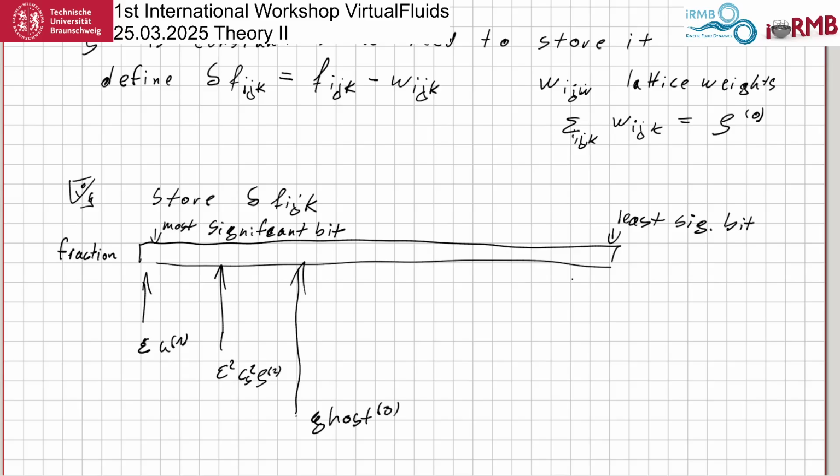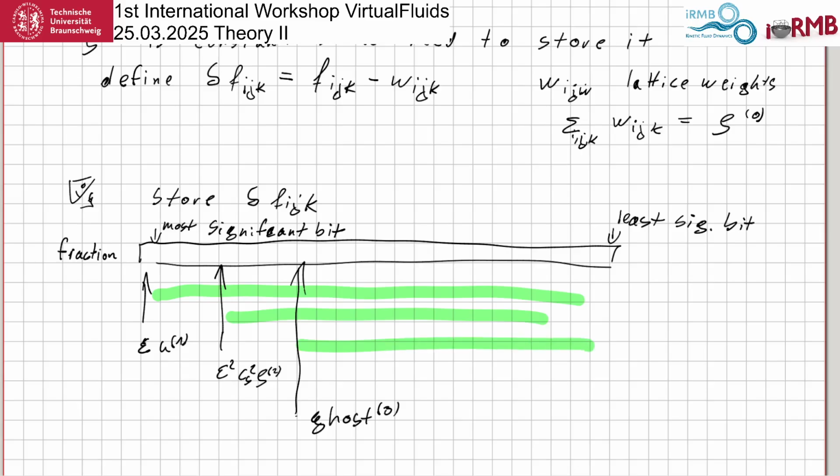There are also ghosts of higher order. So again, now they have more space left. These are the effective available bits, which is more. Okay, so this is easy to understand.